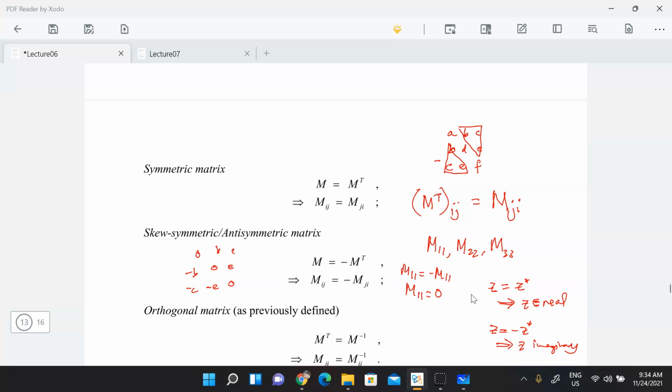For the symmetric case, it doesn't matter because M_ii is always equal to M_ii. It's a trivial thing. Okay, but over here, because of the minus sign, you find that this imposes a condition on the diagonal elements.